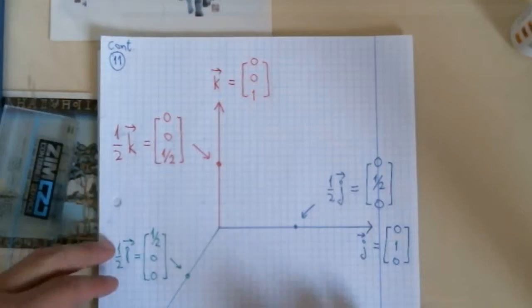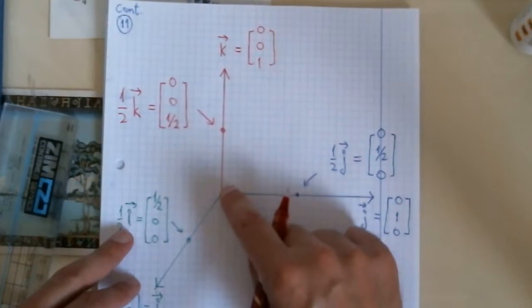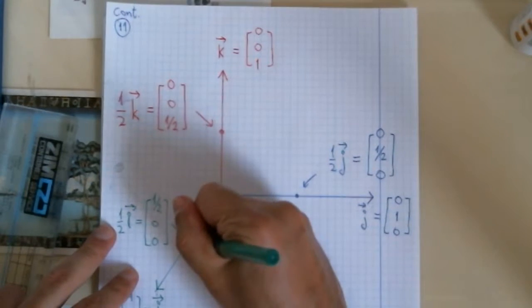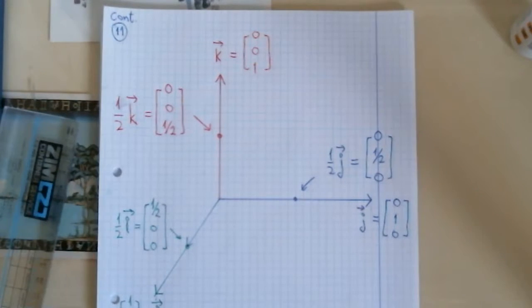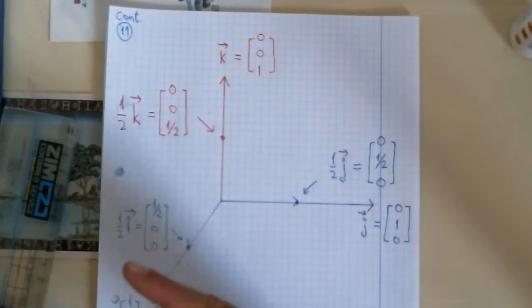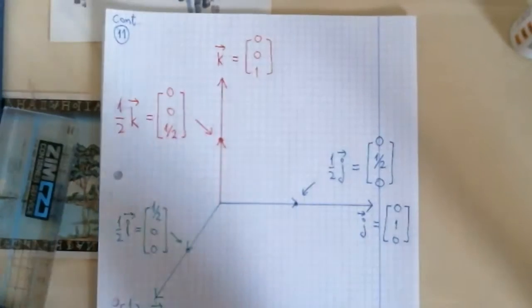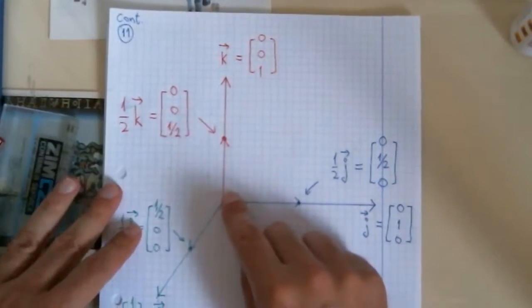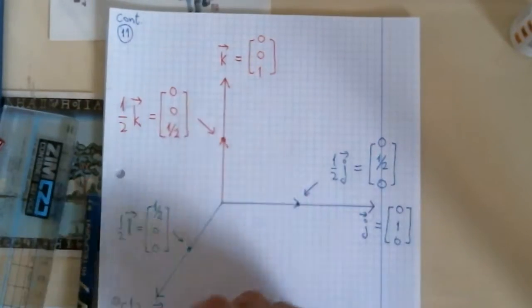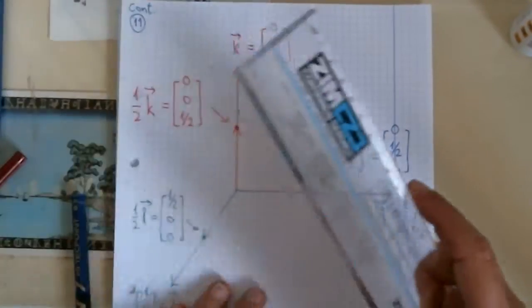Okay, so we want to make it up to here. This is one vector, and to the right to here, and upwards to here. Okay, so it's here half, and here half, and here half. Where will this bring us?